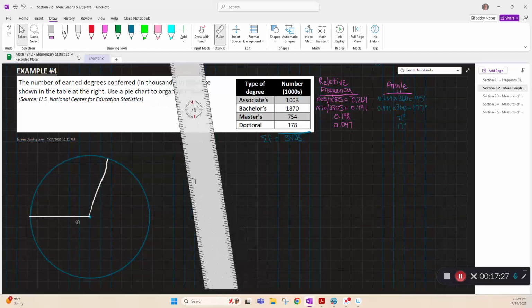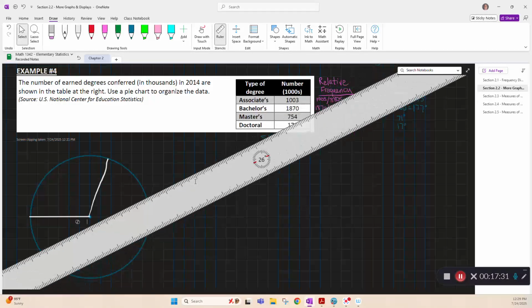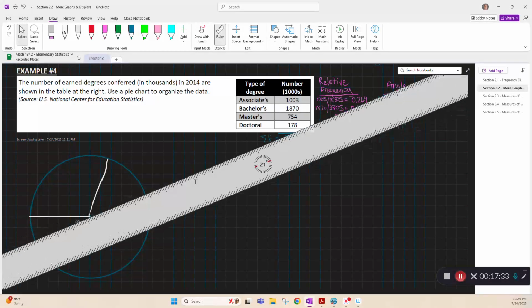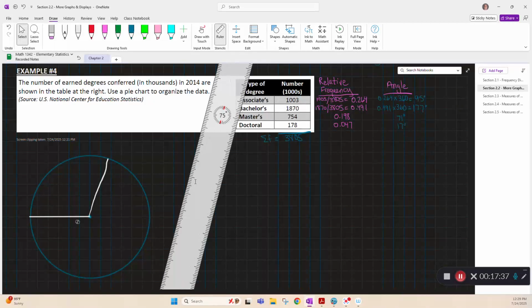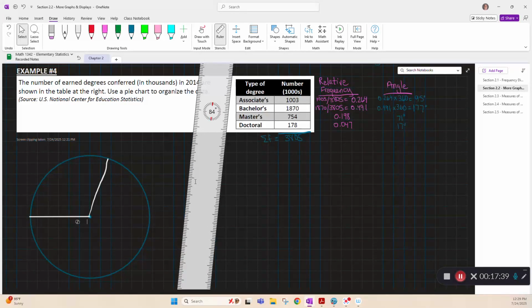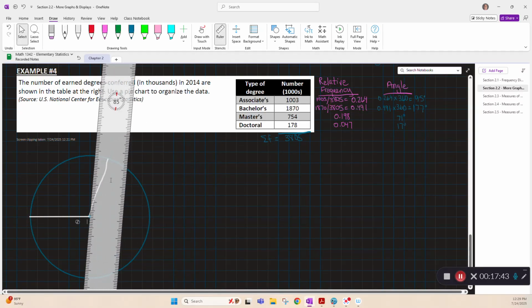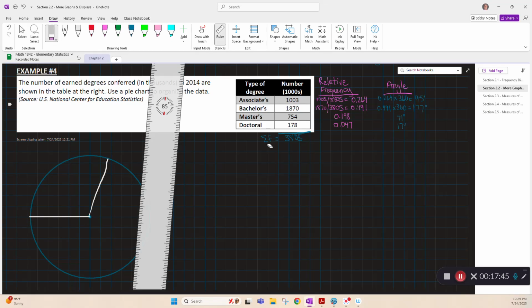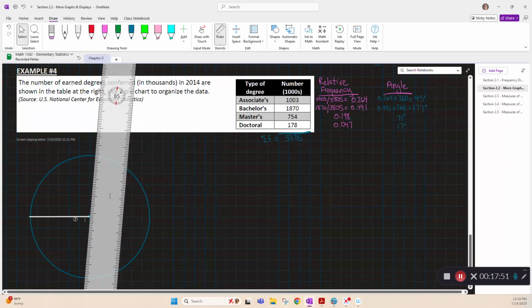Okay. There we go. Now let's see what I need to do. Nope. That's not going to be it either. That line was way off. So what I'm going to do, I have it set on 85 degrees because it's weird.